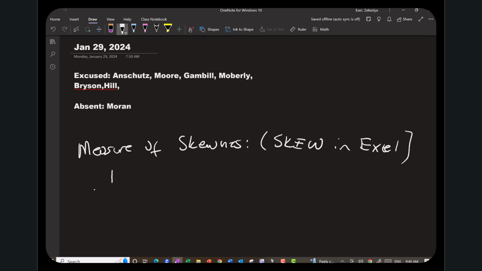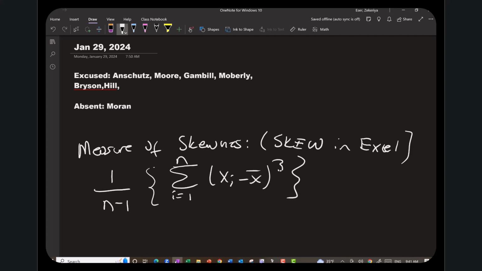It's 1 over n minus 1, and I think they're also dividing it by s cubed, the cube of the standard deviation, to make it scale free.